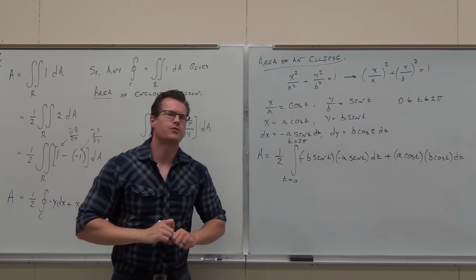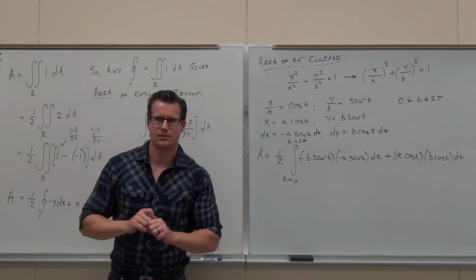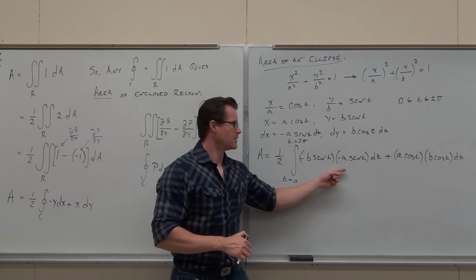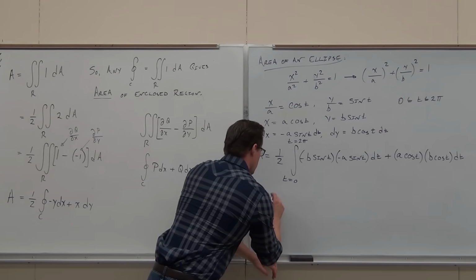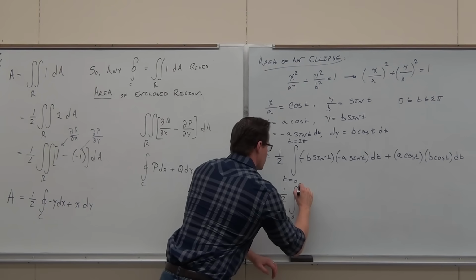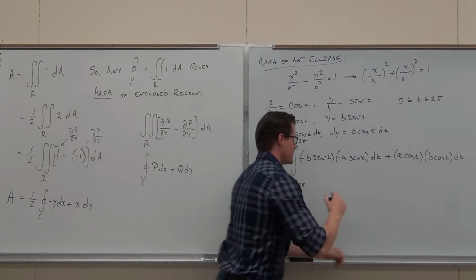Do you see all the beautiful things that are going to happen with this? Negative times negative? Both of these have dt's. And both of these have a times b.